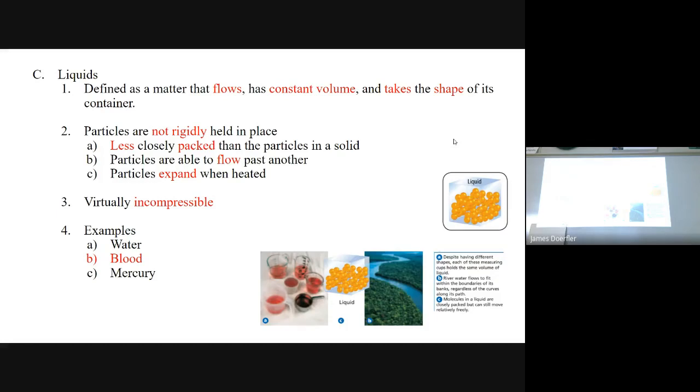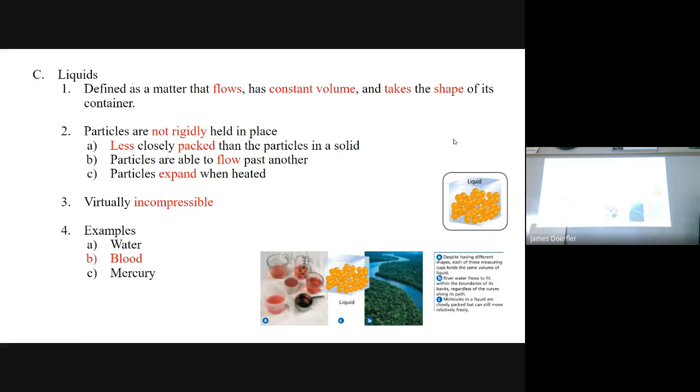So, all right, liquids. Defined as matter that flows, has constant volume, and will take the shape of the container. The molecules or particles in a liquid are not as rigidly packed together or held in place as they are in a solid.